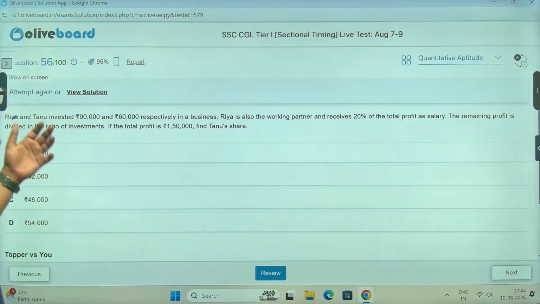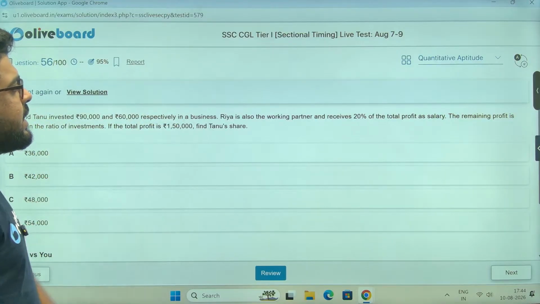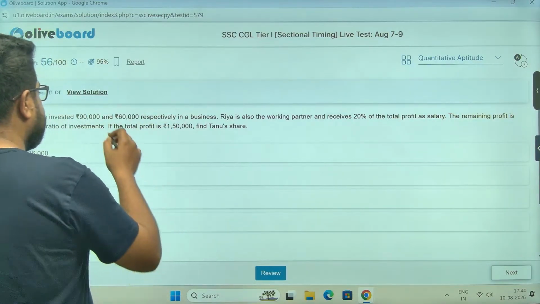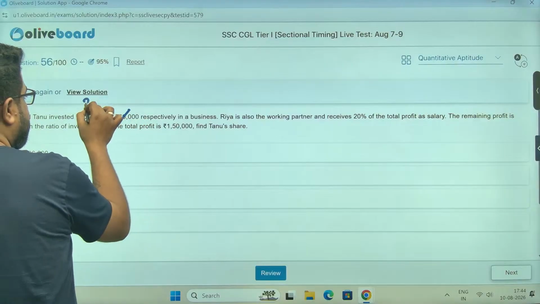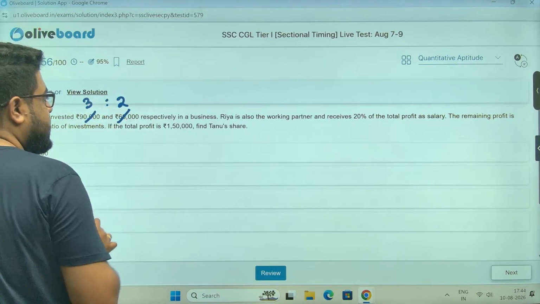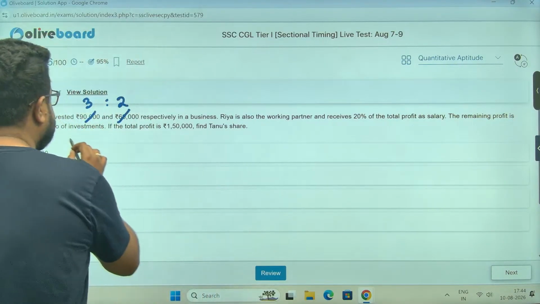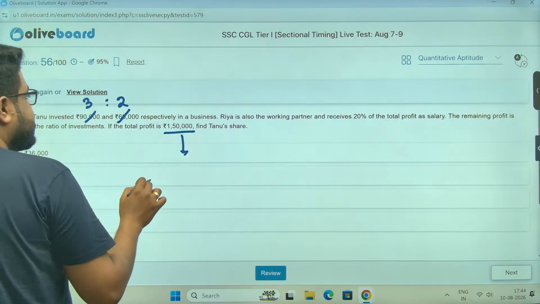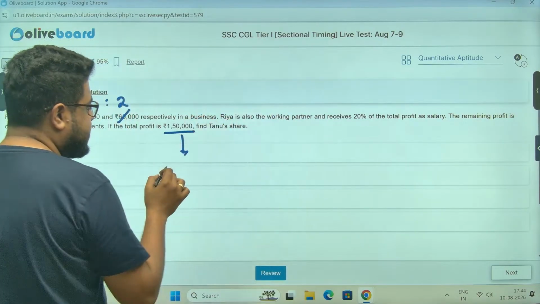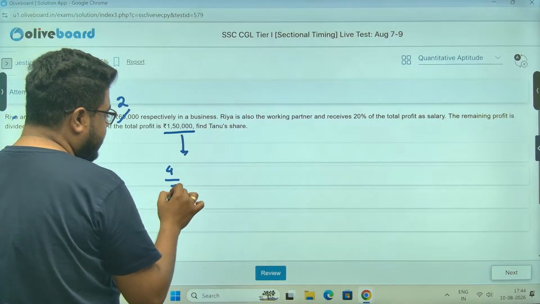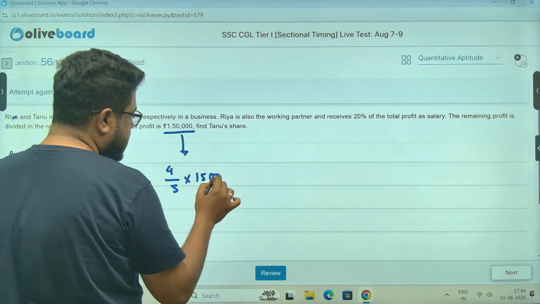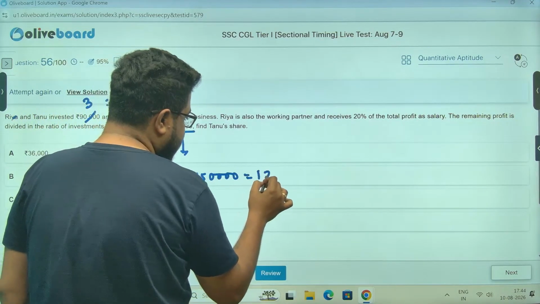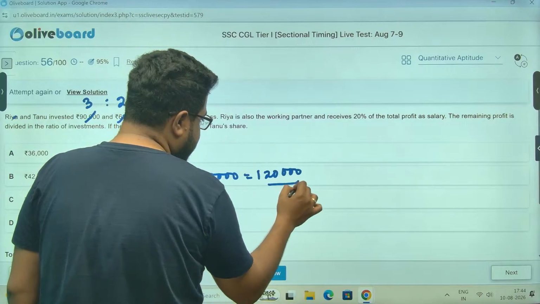Ria and Tanu invested this much. Working partner gets 20%. So this investment ratio is 3:2. The remaining profit is divided in the ratio of investment. Total profit is this; Tanu's share. First of all, Ria will get 20%, so remaining will be 80%, 4/5 of 150, which will be 120, that is 1,20,000.